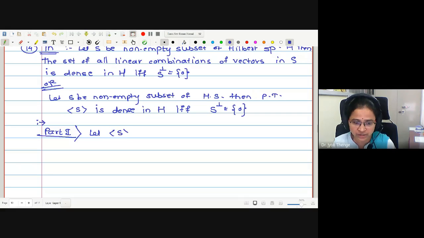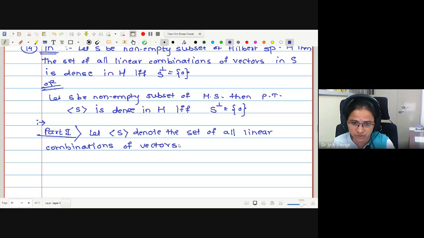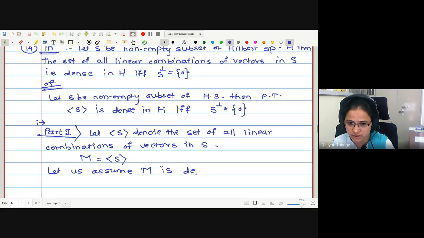Let the span generated by S denote the set of all linear combinations of vectors in S. For the sake of convenience, we will call the set M. M is generated by S. Now what is my assumption? The span generated by S is dense in H. Therefore, let us assume M is dense in H.